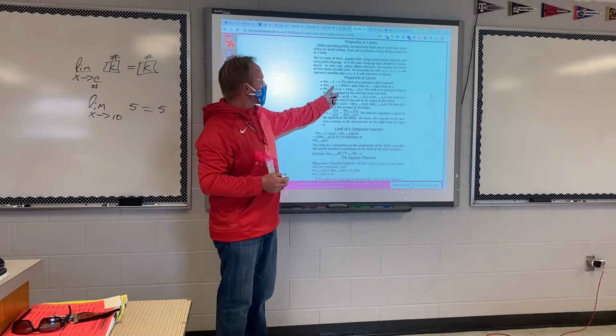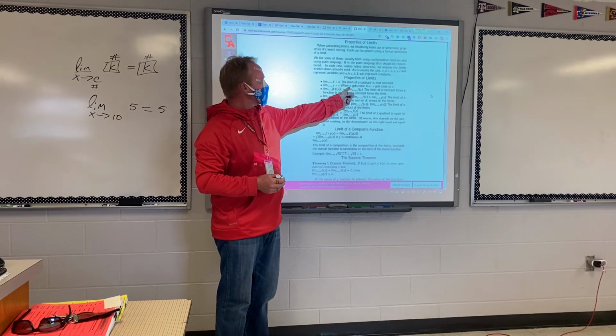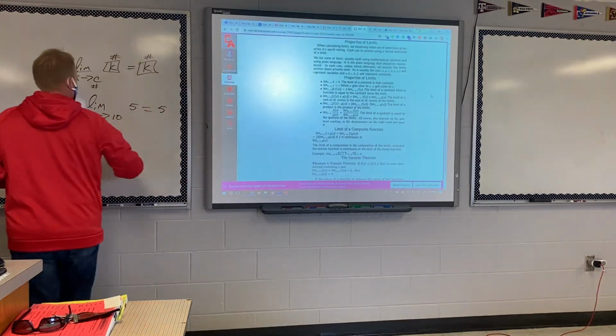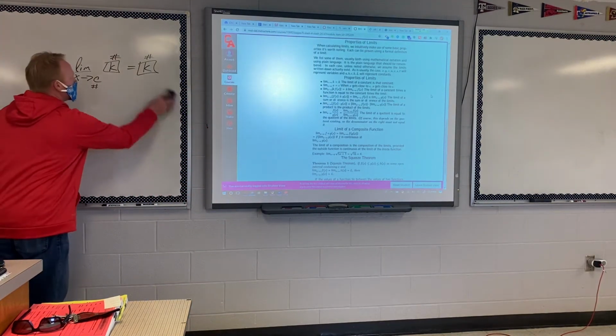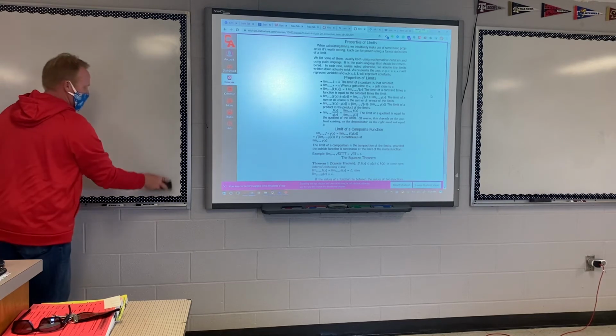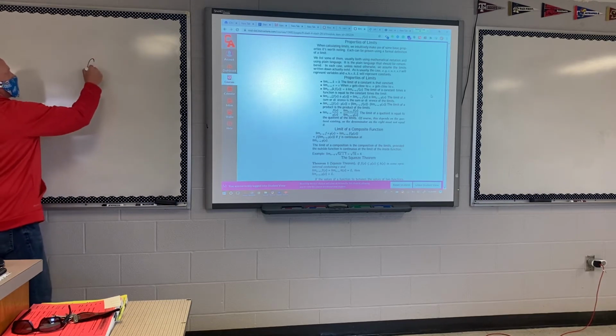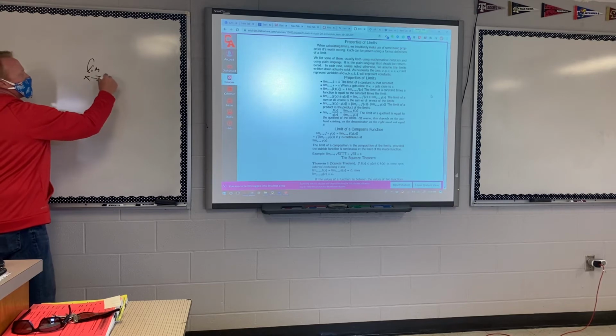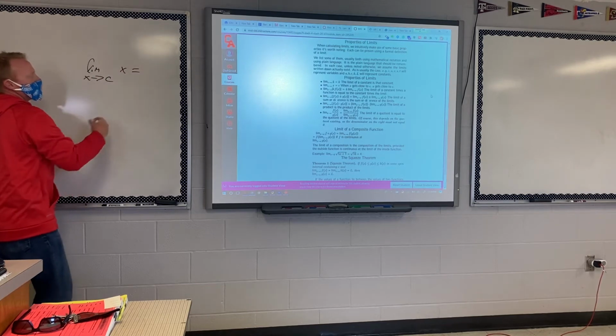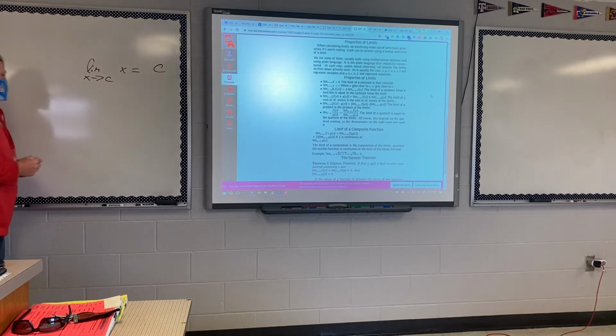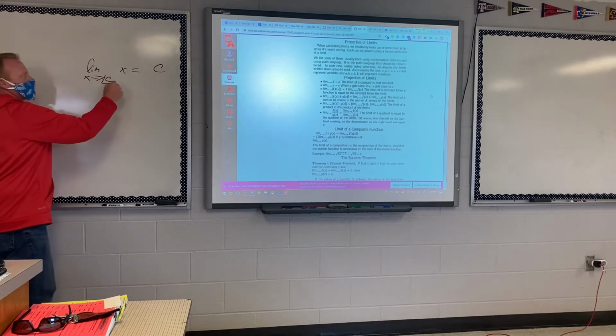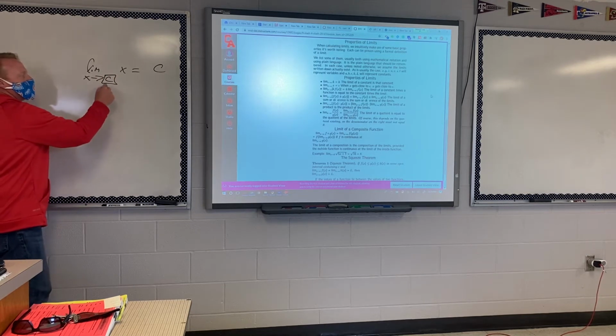Okay, next one. Limit as x approaches c of x equals c. This kind of goes back to what we talked about. So if I have the limit as x approaches c of x, that's going to equal c. Again, what does c represent? That's a number.